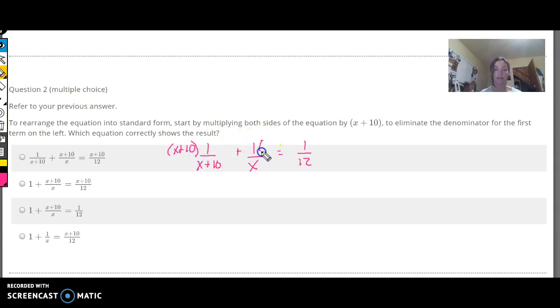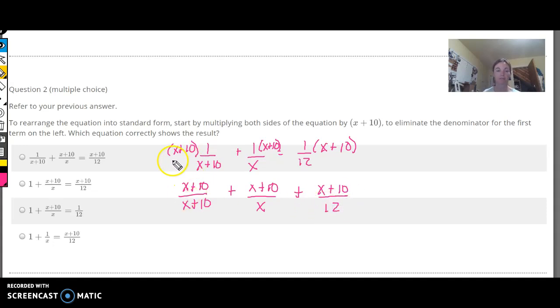Okay. And if you multiply one term by x plus 10, you have to multiply every term by x plus 10 so that your equation remains balanced. All right. So x plus 10 over x plus 10 plus x plus 10 over x equals x plus 10 over 12.